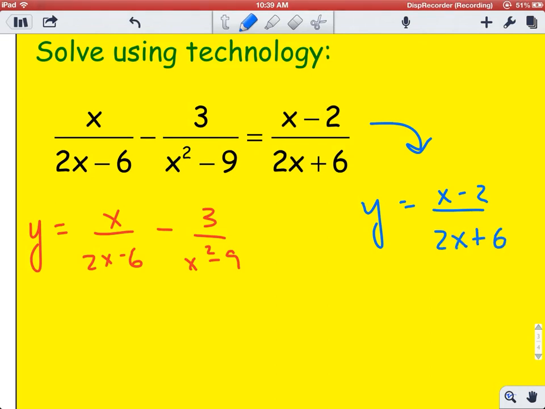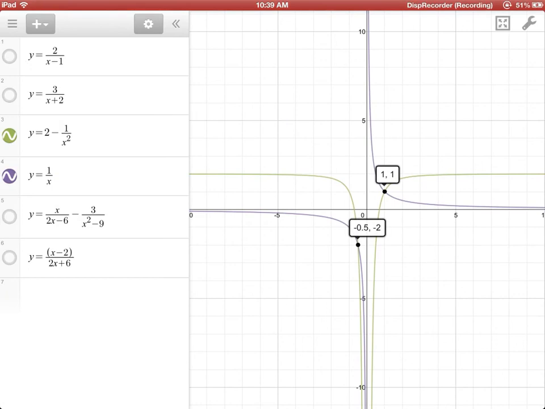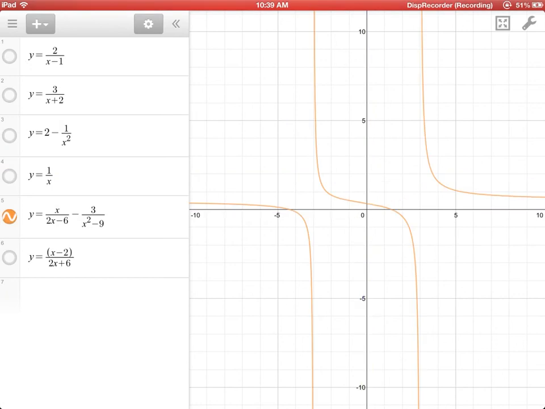So I take these two separate equations and I graph them in Desmos. So there's my two separate equations. And remember, we've already solved this by hand, so we already know what the answer is, and we know that there is only one answer.